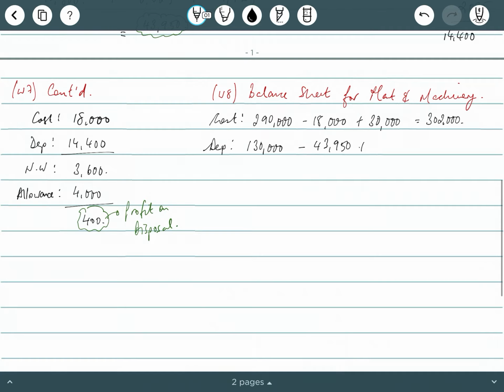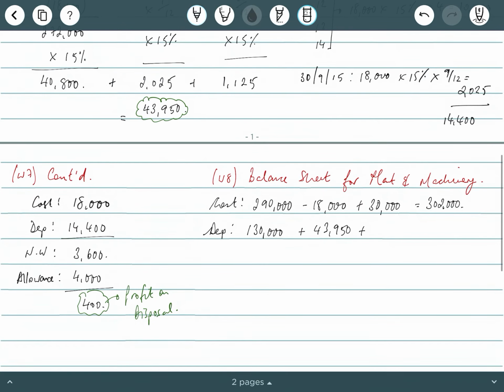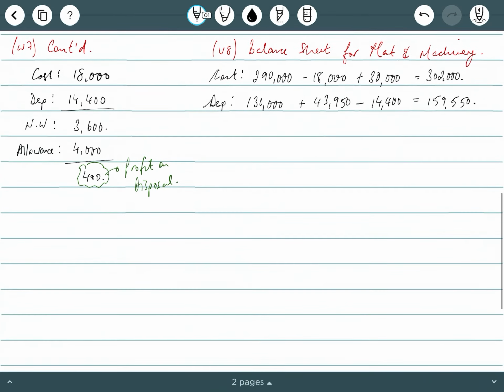And we take away the 14,400, which was the depreciation on the plant that we disposed of. Then we get 159,550, and they go into your balance sheet, obviously.